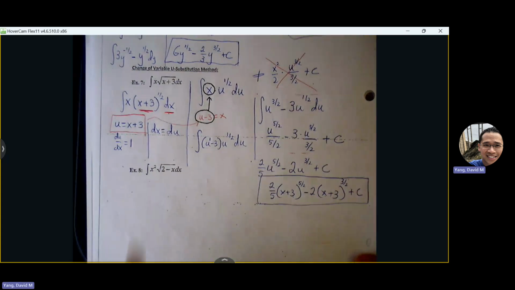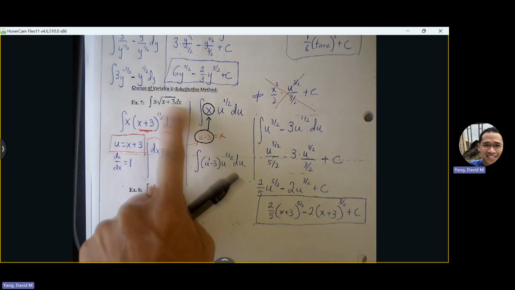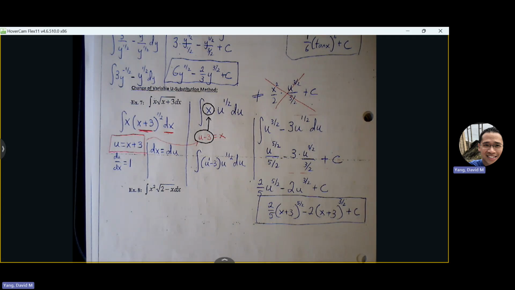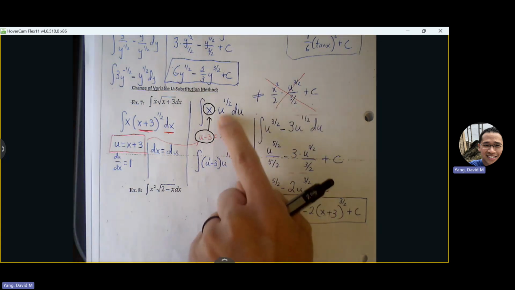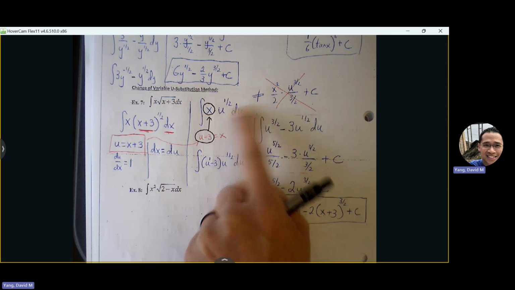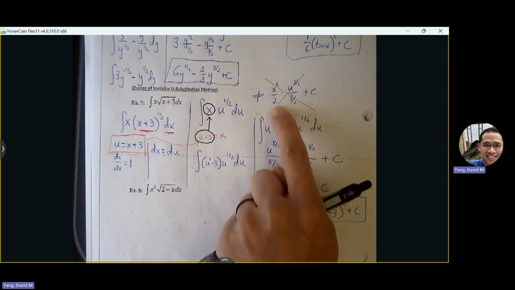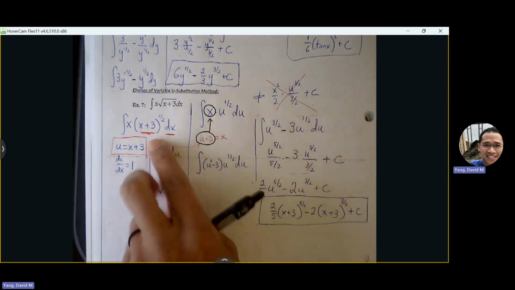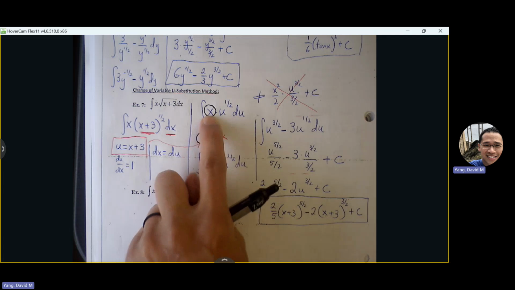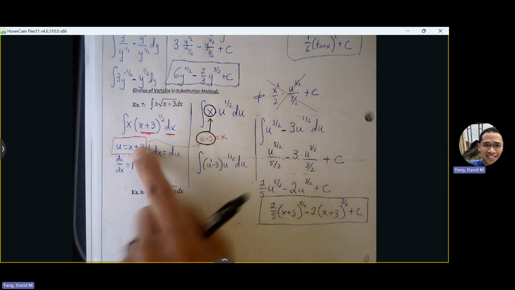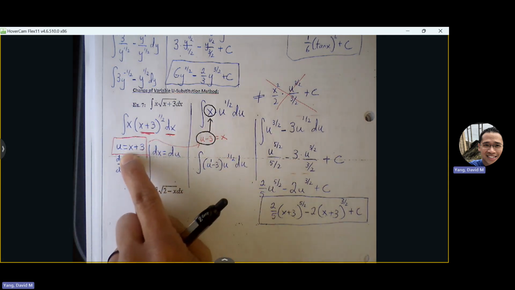Example 7 was one of those problems where our u value was x plus 3, but the derivative did not quite get the x to go away. And because it didn't quite go away, we have to resolve this x before we can do anything with antiderivative. So we have to find a kind of clever way to get that x to be replaced. And our way of manipulating is rearranging this equation that we assigned at the beginning.